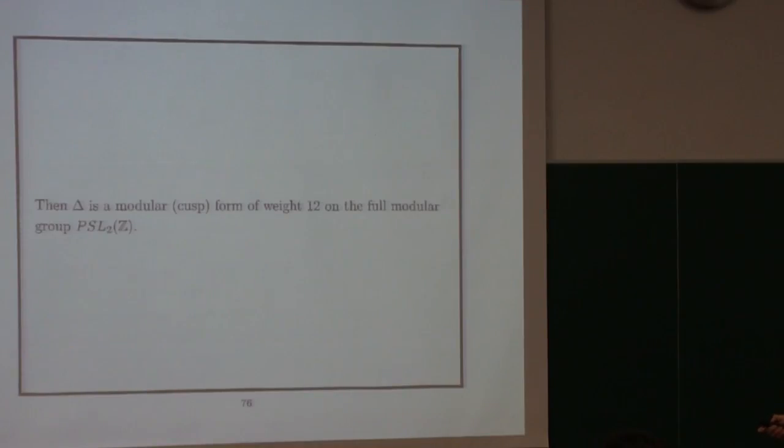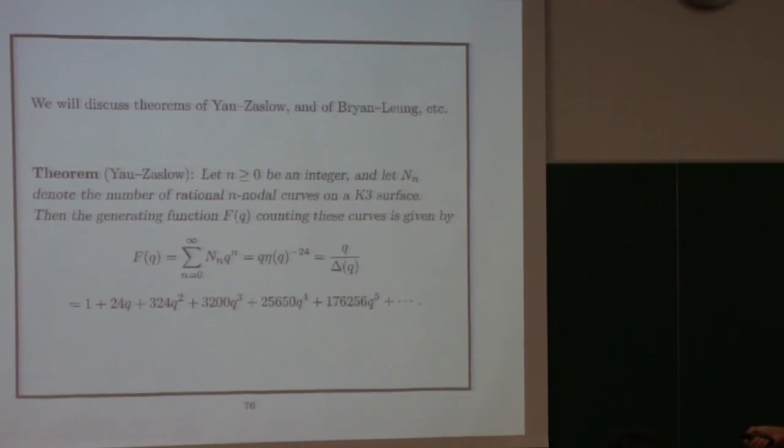Now this eta function came up in physics by a theorem of Yau and Zaslow, expanded by Jim Bryan and Naichung Leung to a more general setting. The Yau-Zaslow theorem says you pick n, a non-negative integer, and N_n is the number of rational curves with n nodes on the K3 surface.